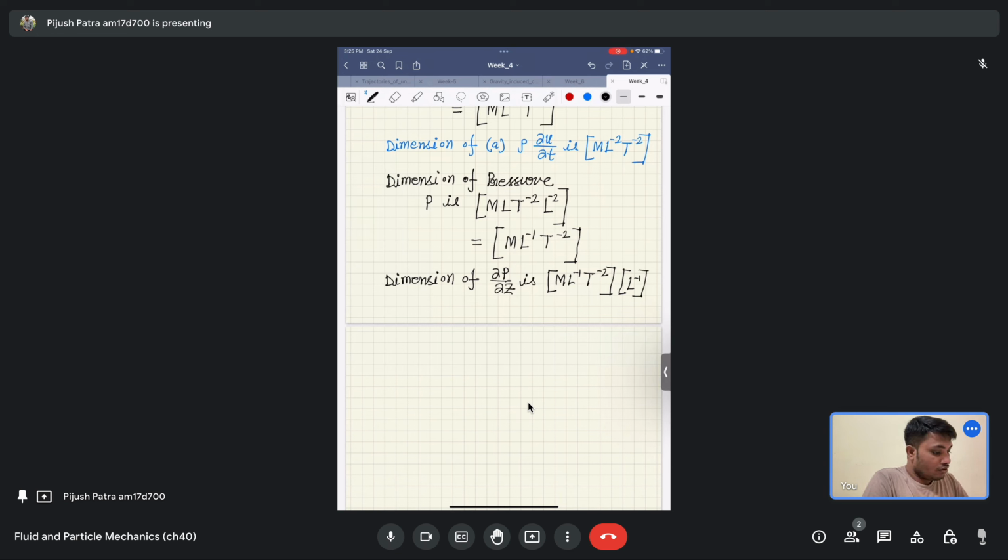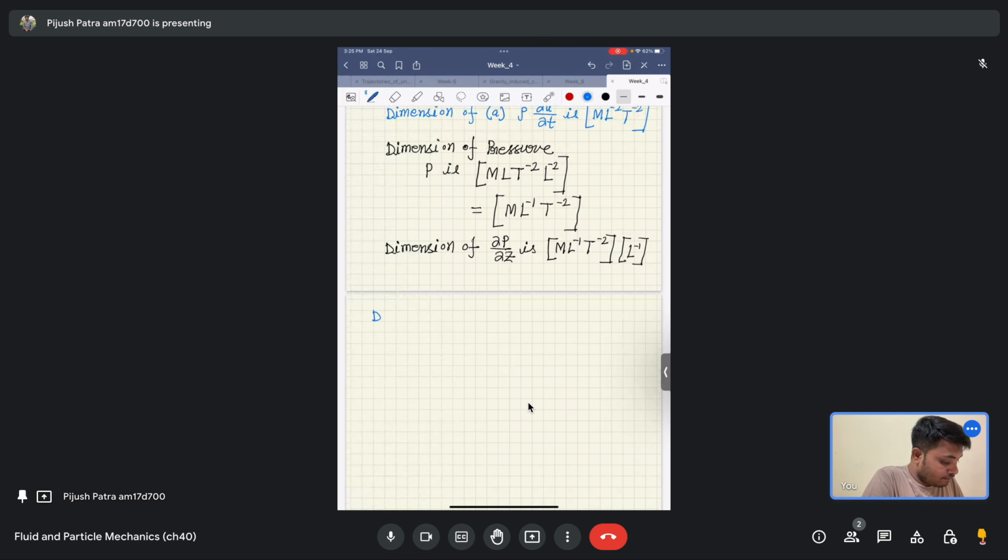So the dimension of B, which is dou p dou z, is M L to the power minus 2 t to the power minus 2.